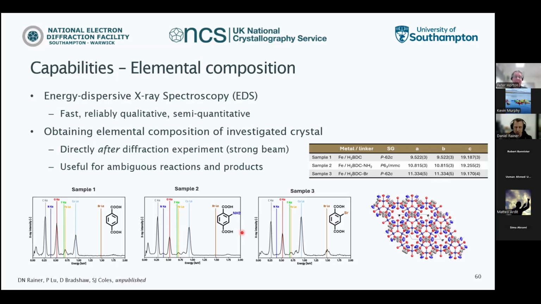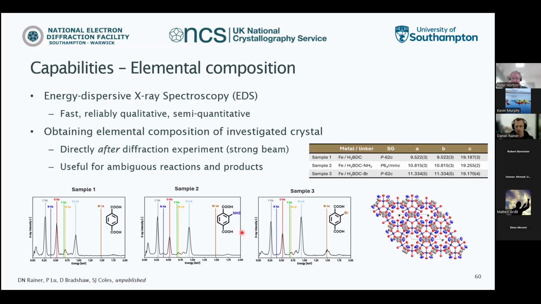And that means that for each of the data collections, we can do this type of experiment after, and therefore determine roughly the elemental composition of the crystal we just did the diffraction experiment on. So this is quite powerful.